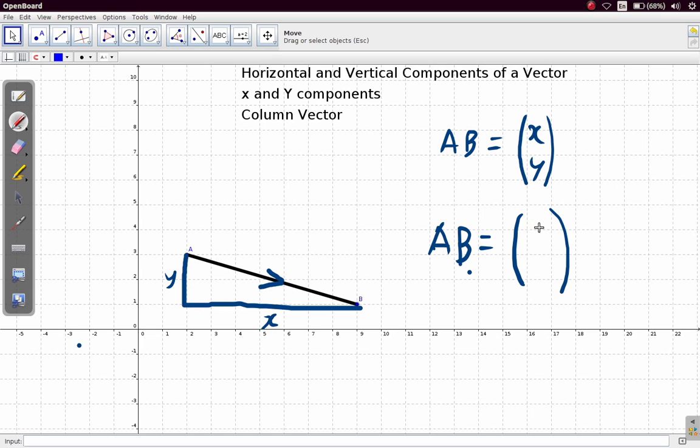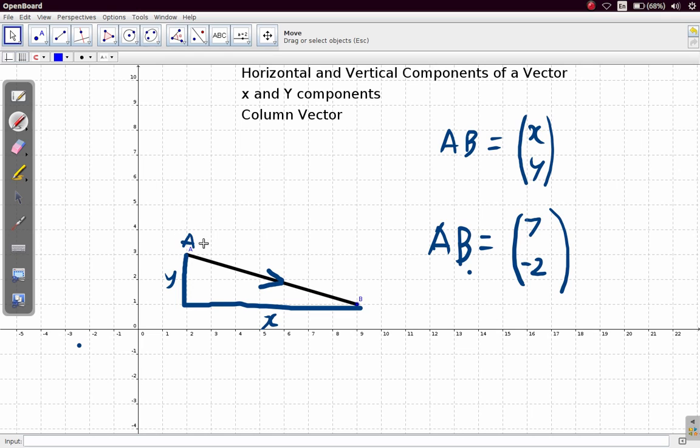So the x value is still 7, but the y is now 2 and it's going downwards. So I should have a negative 2. So this vector AB can be represented like this.